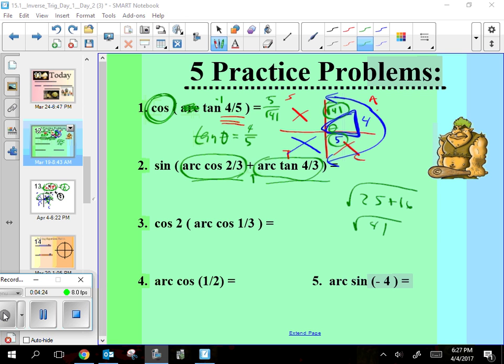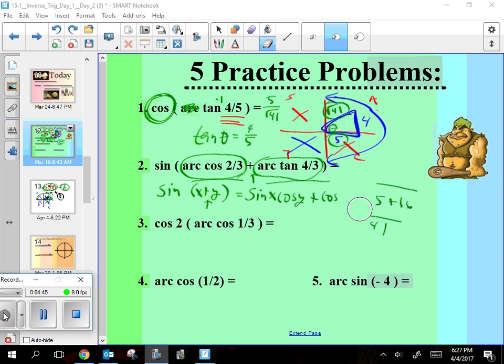And it goes like this. Sine of x plus y is sine of x cosine of y plus, notice the same sign as what I started with, cosine of x sine of y.